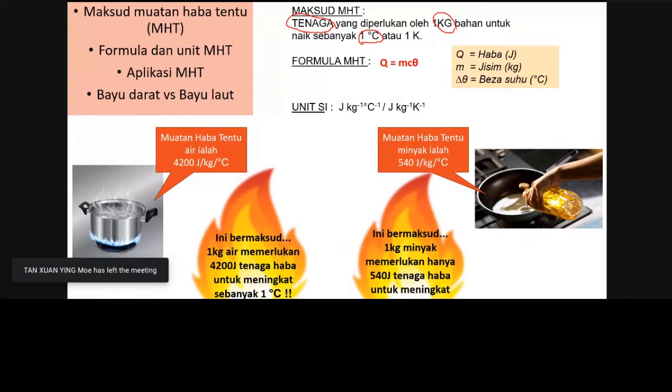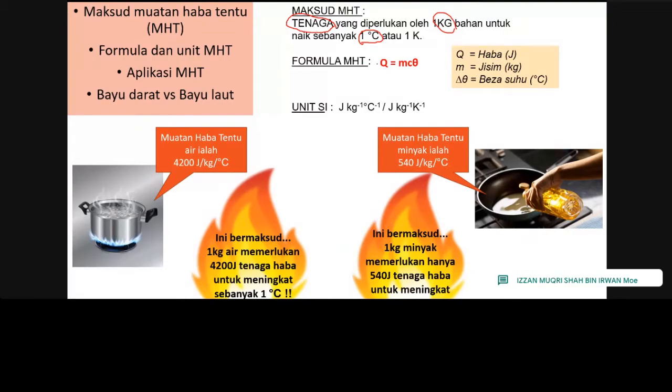it all comes down to the formula Q equals to MC theta. Okay, so kalau you tengok balik, C is your muatan haba tentu kan. So kalau you letak C dekat sini, dia akan jadi apa? Q equals to M theta. Right. Kalau you bawa ni pergi sini, right. So nampak tak?